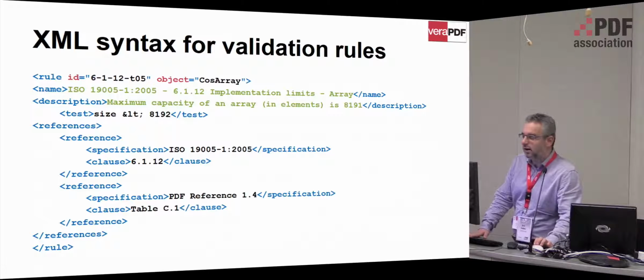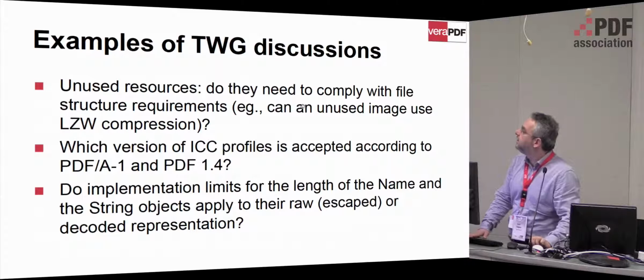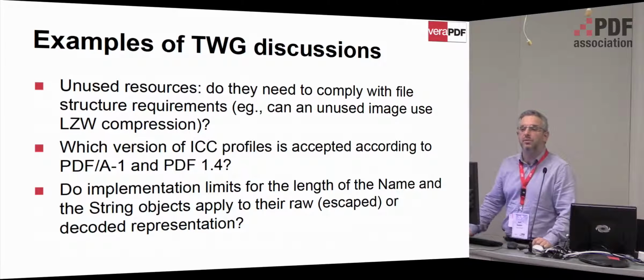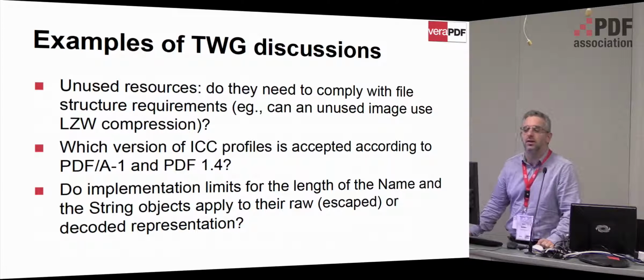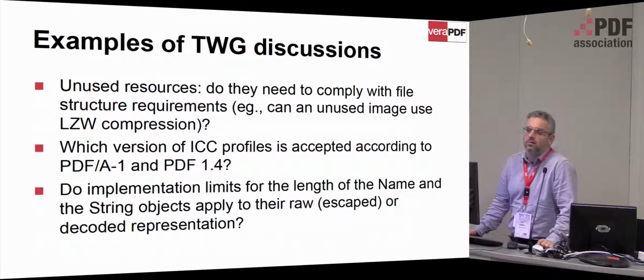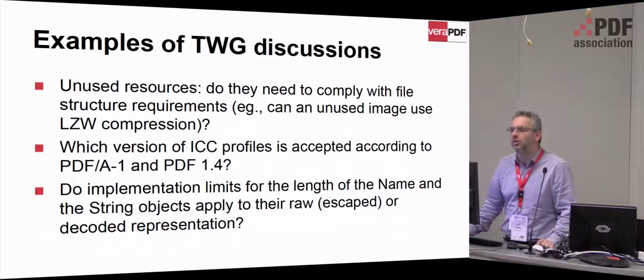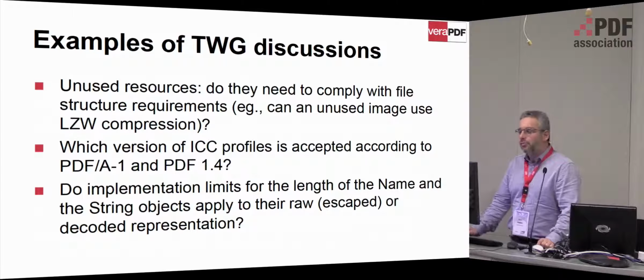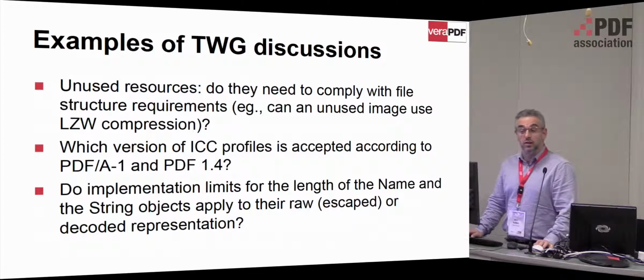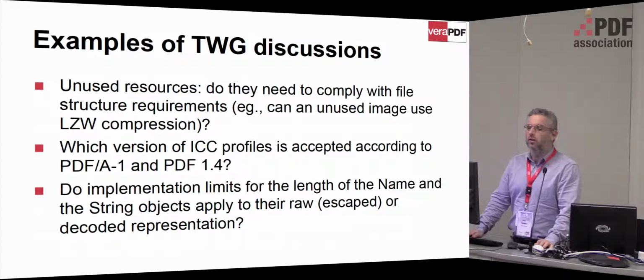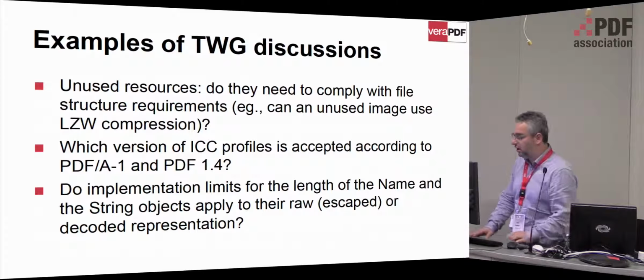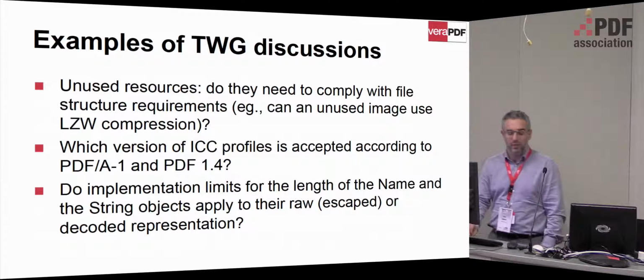So altogether, the PDF/A-1B standard can be encoded in about 100 such rules. Not a big deal, and they're all accessible for inspection to all, well, slightly technical persons, let's put it like that. At this moment, there is no particular technology linked to this implementation.